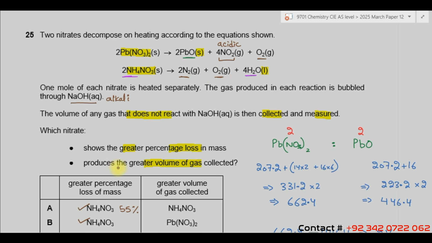Let's find out which one produces the greater volume of gas collected. So in the first one, we have 2 moles of lead nitrate that forms 1 mole of oxygen. And in the second case, we have 2 moles of ammonium nitrate and it forms 2 moles of nitrogen and 1 mole of oxygen.